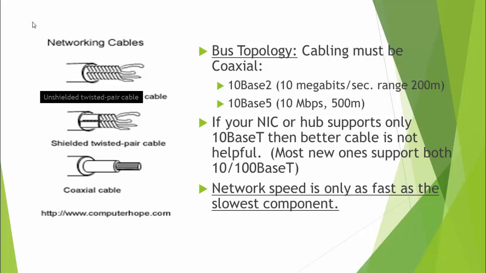One thing worth noting here is that you can have the best NIC in the world, extremely high throughput. If you connect it up with Cat4 cable, then it will be slow. The network speed is only as fast as the slowest component. Similarly, if you have a slow switch, it doesn't matter how good your NIC is or how good your cable is.